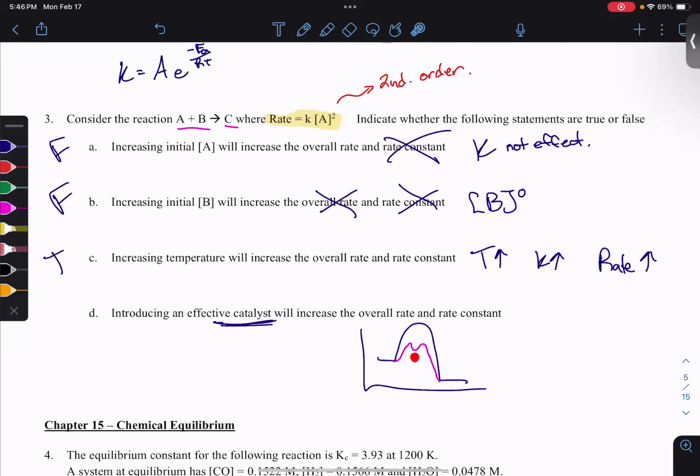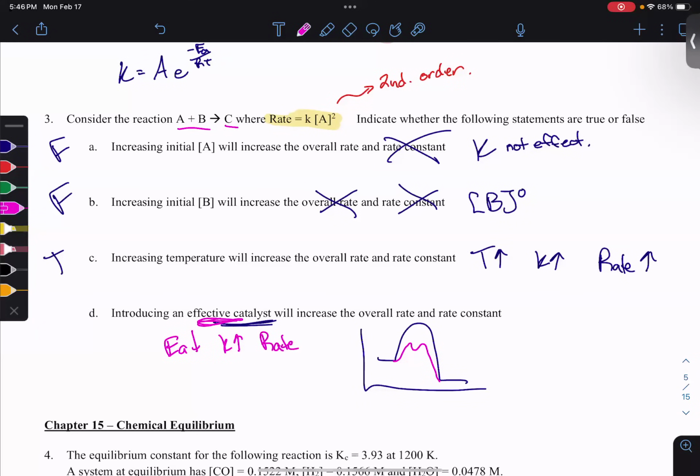So what do we call this hill that reactants have to get over to get to products? Activation energy. So does activation energy have an effect on rate constant? Yes. And so what we see here is that an effective catalyst will lower your activation energy, and therefore will increase K, your rate constant. So will your reaction go faster? Yes, it will.